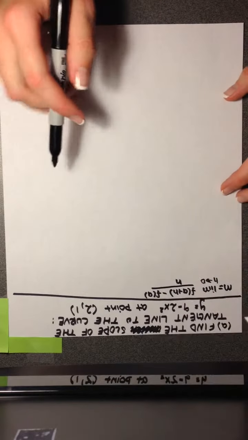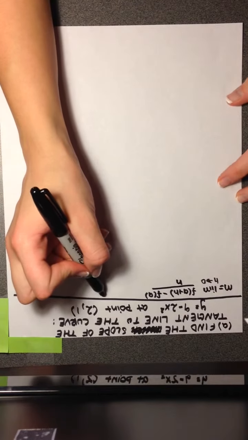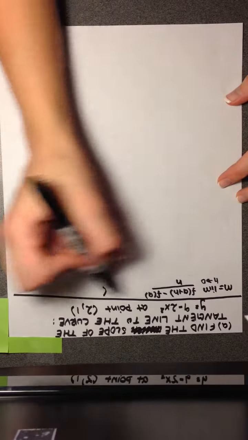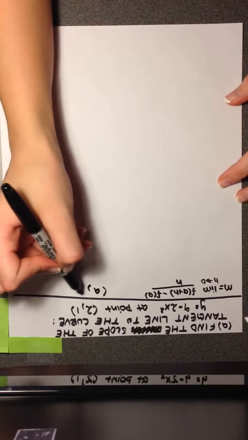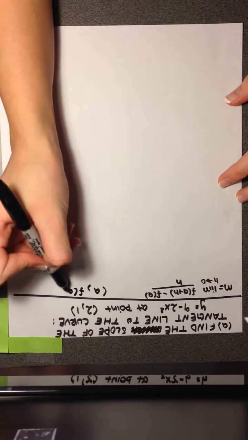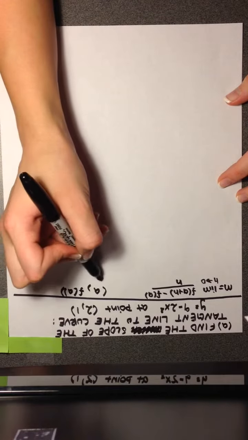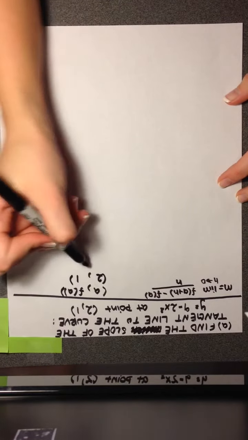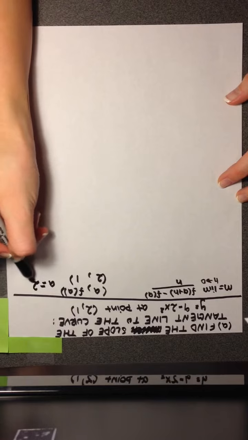Our a value comes from our point, which would be a and f of a. So we have (2, 1), and our a value is going to equal 2.